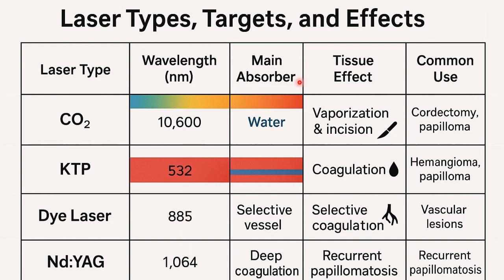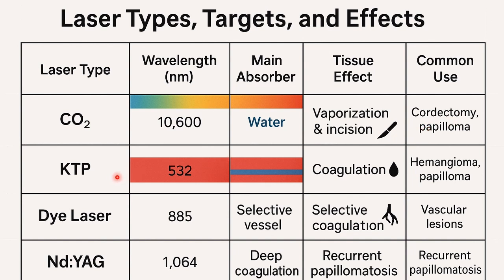The chromophore that preferentially absorbs the energy from carbon dioxide is the water molecule in the soft tissues of the target larynx, for example, whereas with KTP and the others, it is selectively absorbed by oxyhemoglobin in blood vessels. In the case of carbon dioxide, this leads to vaporization of the water, which can cause tissue ablation or incision. So it can be used to cut into the vocal fold tissues or ablate things like papillomas.